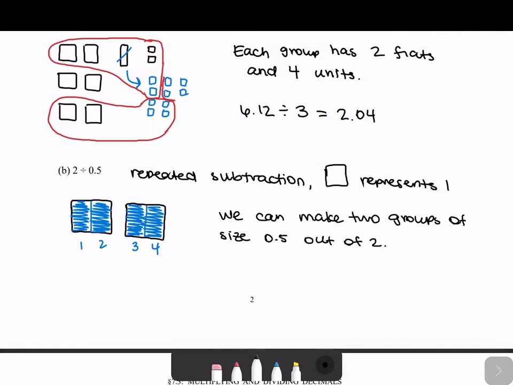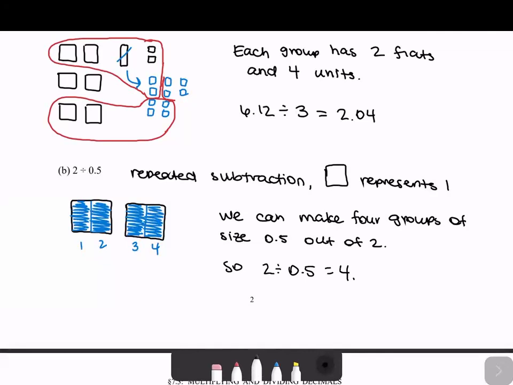We can make 4 groups of size 0.5 out of 2. So that tells us that 2 divided by 0.5 is 4.